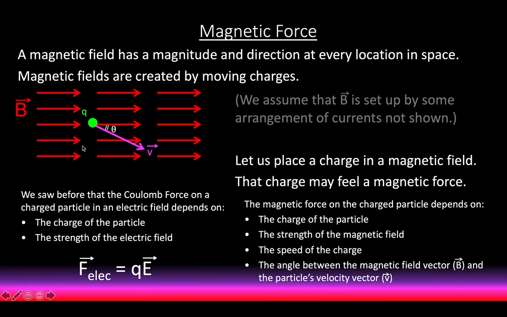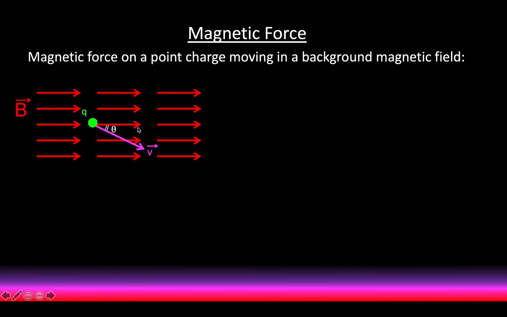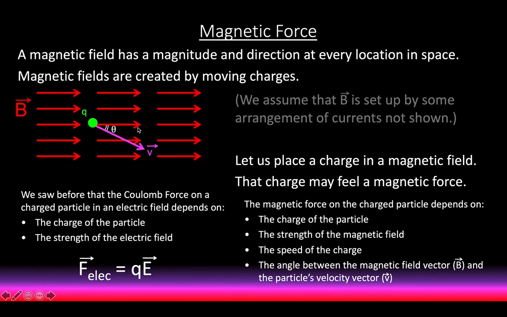The direction of the magnetic field is to the right. The direction of motion is down and to the right. So we have some angle between the direction of B and the direction of V, and this angle will affect the magnetic force on a charged particle.